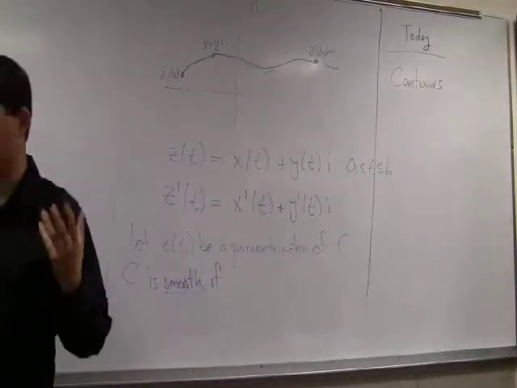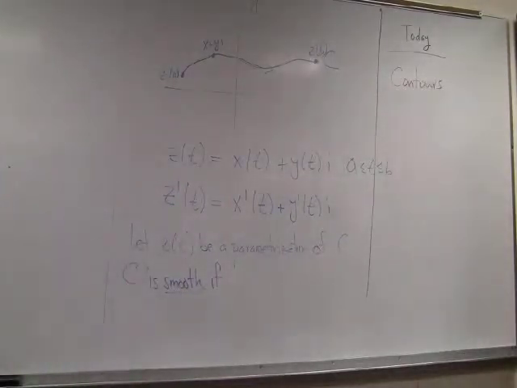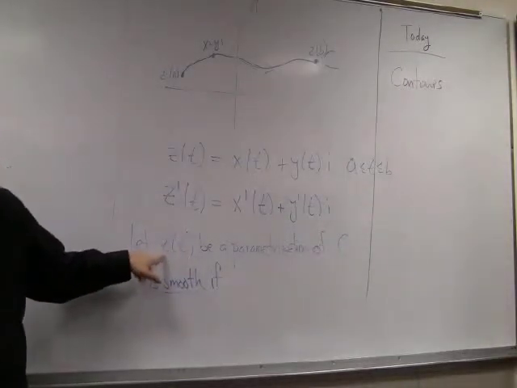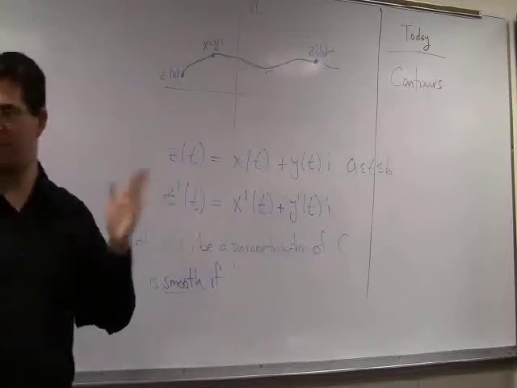Basically we're trying to copy what we did for reals. We don't want corners, we don't want cusps. So we can talk about the parameterization. What was our condition?